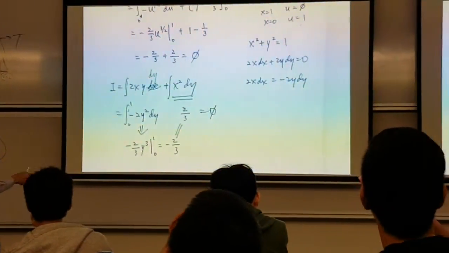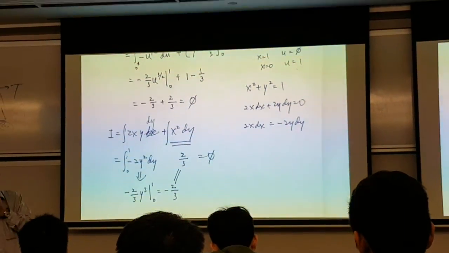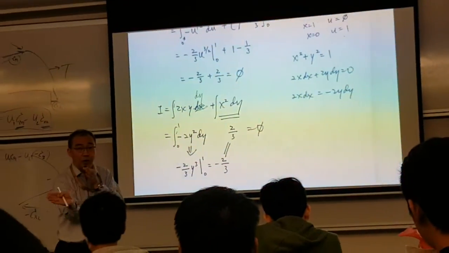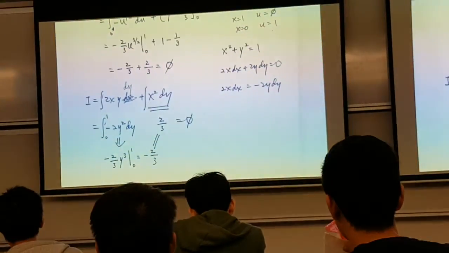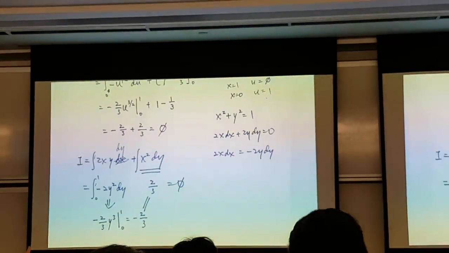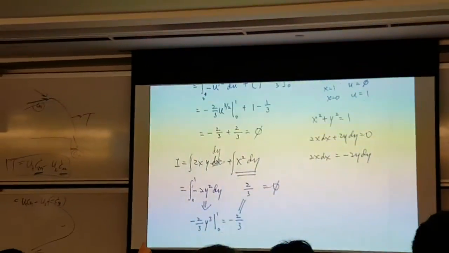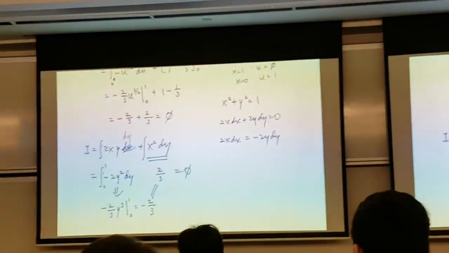If I change this to dy, I'm taking the same function along the contour, but projecting it onto your yz plane. And of course, the answer will be different. You will expect different answers. So this is one thing in the homework that is quite interesting.